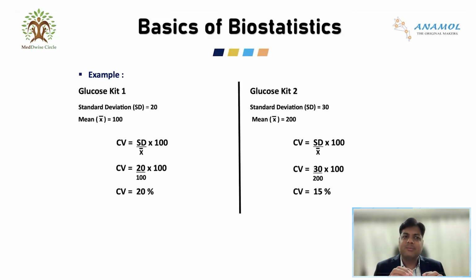So CV percentage means that if kit A has a mean of 100 and a standard deviation of 20, when the mean of kit A becomes equal to the mean of kit B, that means the mean of 100 becomes 200, then kit A will have a standard deviation of 40, not 30.